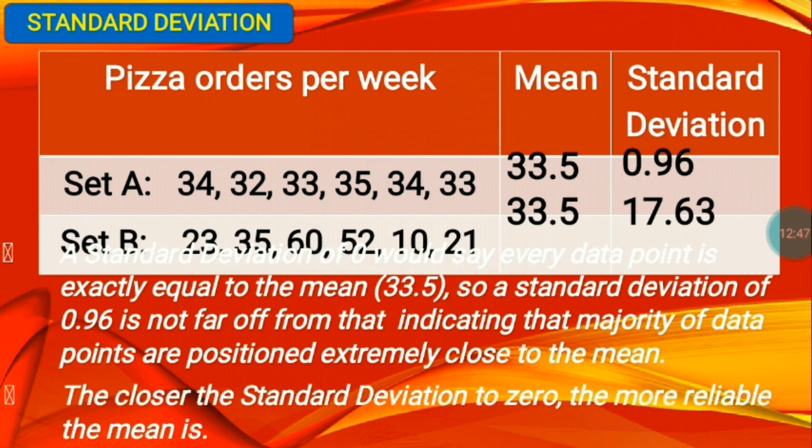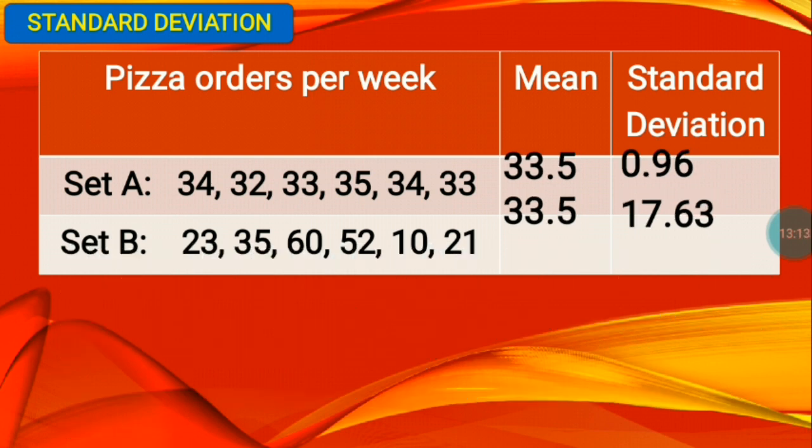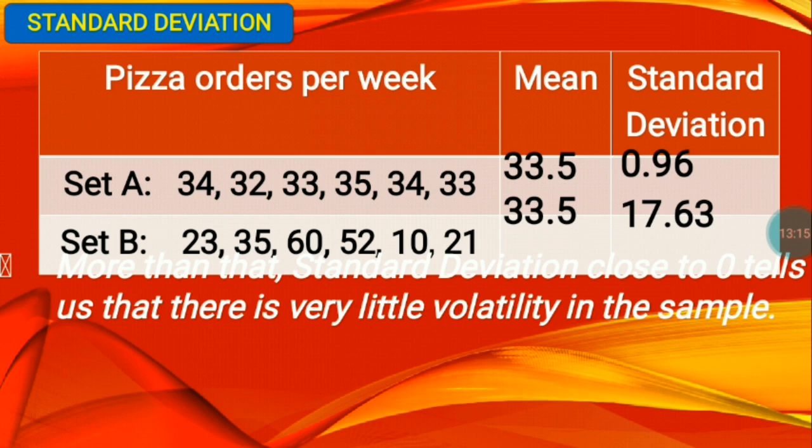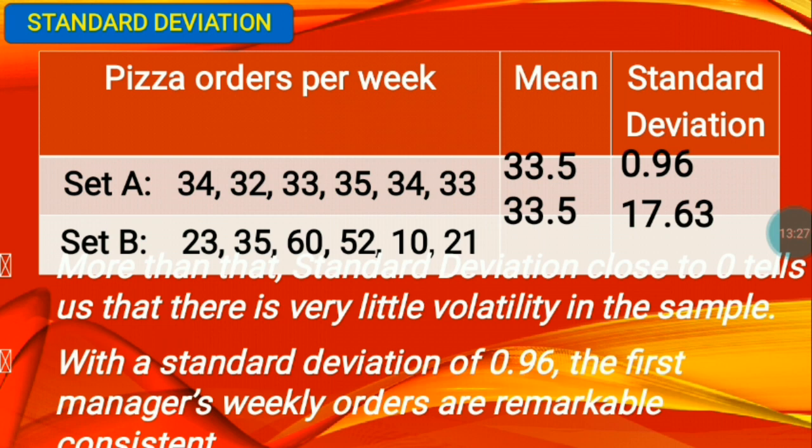The closer the standard deviation is to 0, the more reliable the mean is. This is the importance of knowing the standard deviation. Again, the closer the standard deviation to 0, the more reliable the mean is. More than that, a standard deviation close to 0 tells us that there is very little volatility in the sample, meaning there is consistency in the sample.